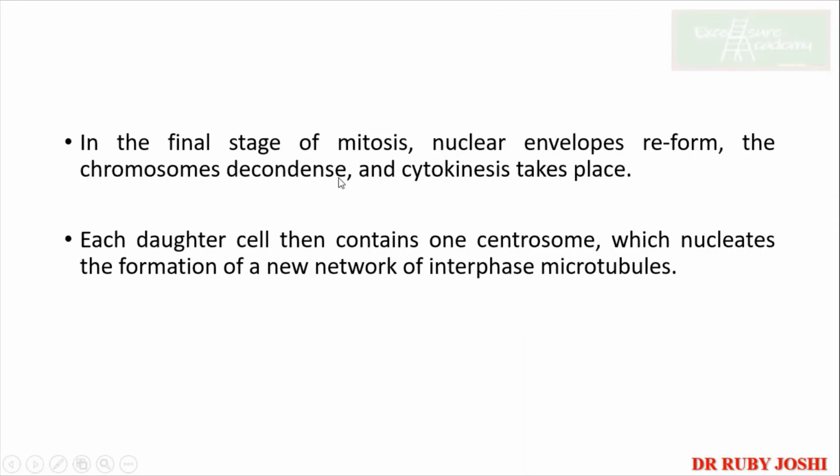So in the final stage of mitosis, nuclear envelopes reform, chromosomes recondense, and the cytokinesis takes place. So each daughter cell at the end contains one set of centrosome, which nucleates the formation of a new network of the interphase microtubules. Okay. So if you see in a normal resting cell, nucleus के पास आपका centrosome present रहता है.